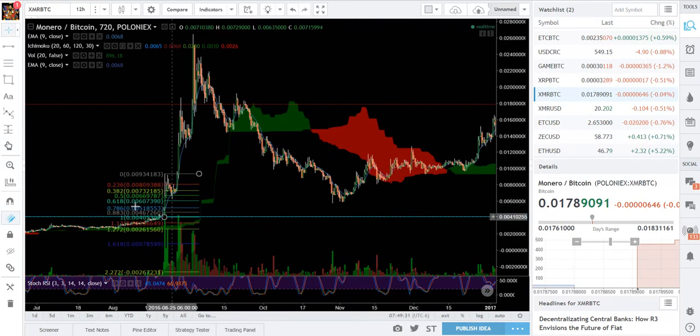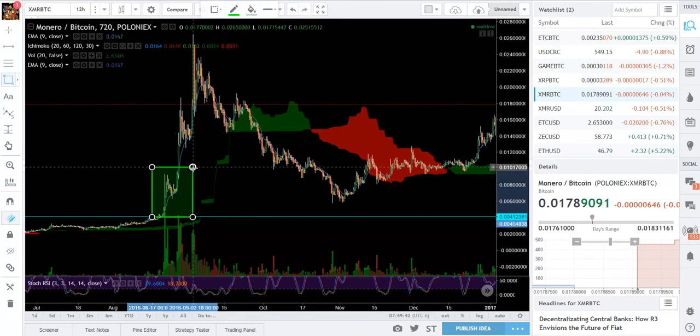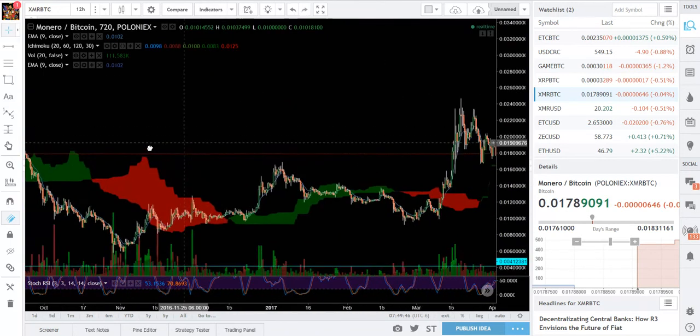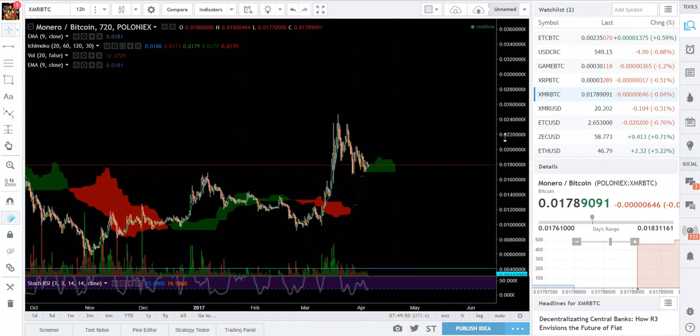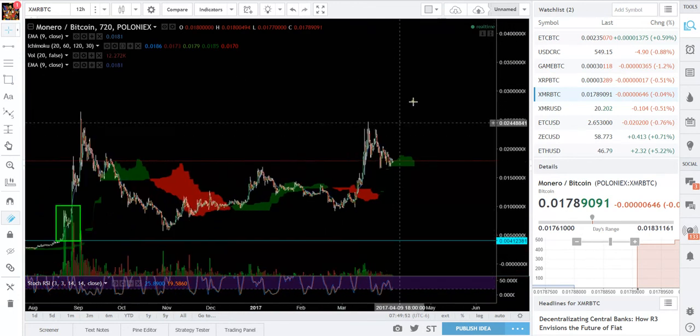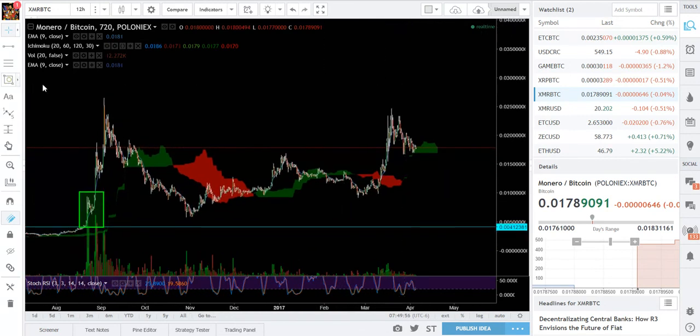So this first impulsive wave here that we got for Monero on this market cycle showed itself to be about this big on a 12-hour chart. But now we're making a new market cycle. So I am under the impression that we very well may have just made a 1 and a 2, but now it's bigger.